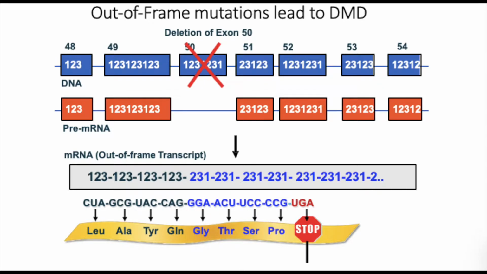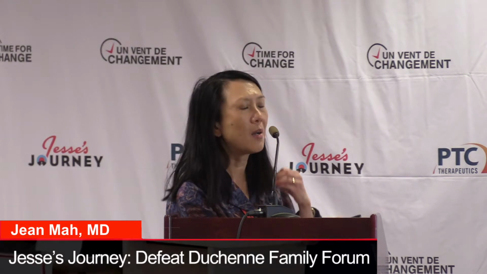We can see that when you delete the exon 50, then the way in which the protein is read, because it is what we call out of frame, it does not make sense. And so then at some point this whole message became unscrambled, it does not allow the whole protein to be made, and as a consequence, it stops, and the protein is then no longer being made.